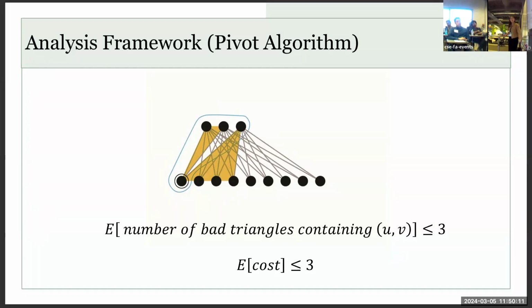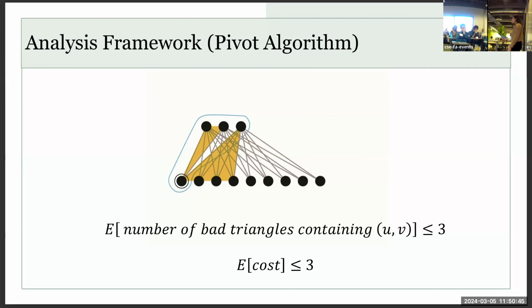And then how the analysis of the pivot algorithm works is that we need to prove that the expected number of bad triangles containing any pair is less than 3. And if we can show that, then there is a very elegant primal dual analysis that says that the expected cost of the algorithm would be less than 3.